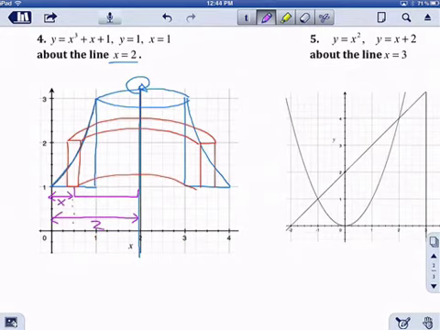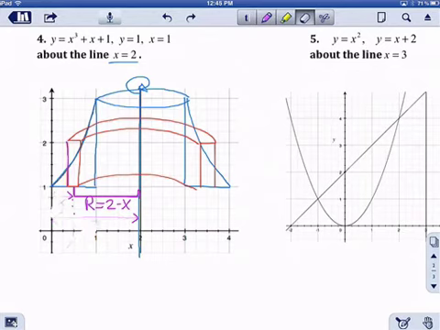Because you could trace that down and it would go to any x value on the axis there. So if we're looking for this radius here, r is going to equal 2 minus x. That is one of the trickier parts, finding the radius when the axis of revolution is not on the axis.